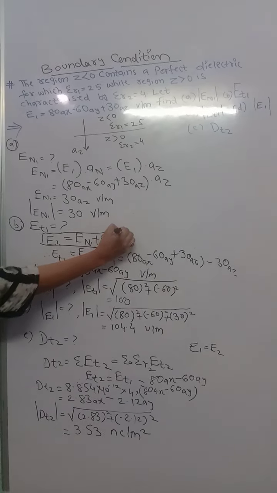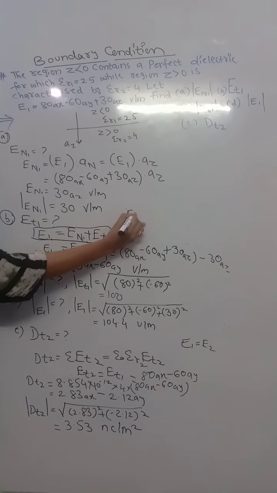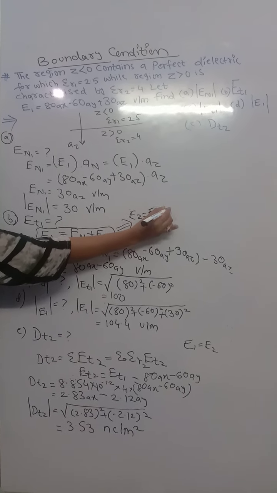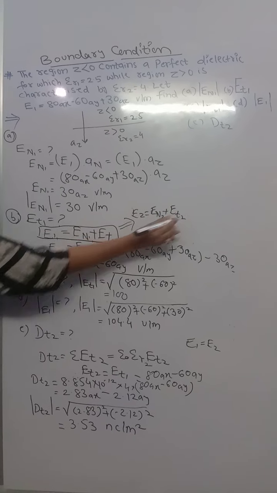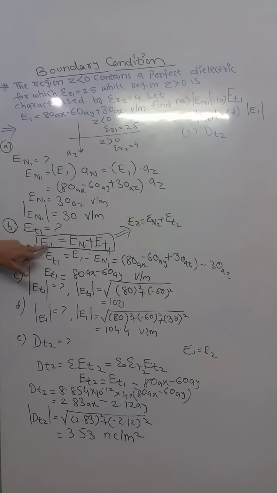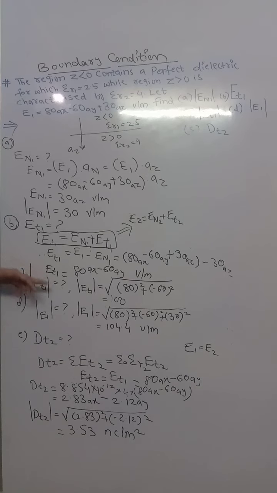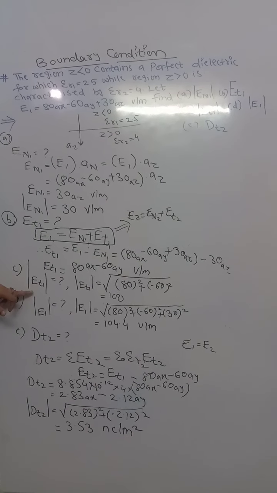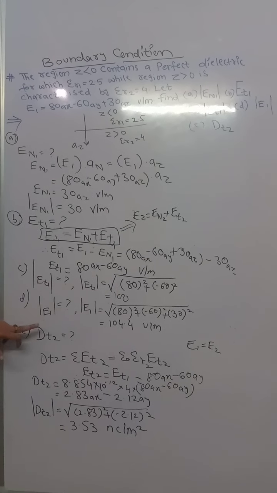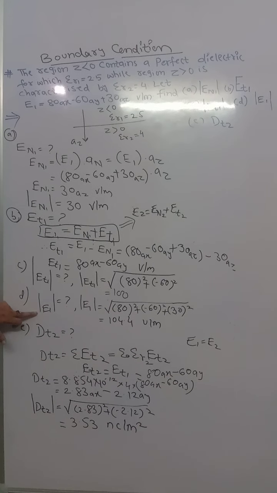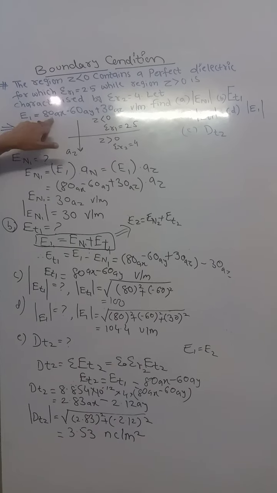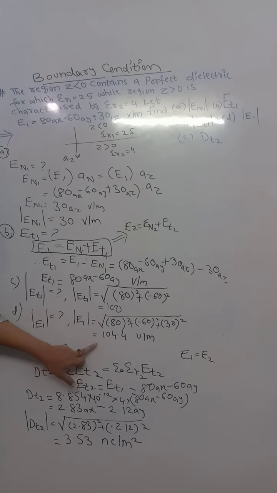If you are interested in region 2, the same equation: E2 equals En2 plus Et2. E1 minus En1 comes to this side and you get the vector form; for the magnitude, the root of first term squared plus second term squared gives 100. Then E1, with this equation, has magnitude the root of the squares of the three terms, which is 104.4 volt per meter.